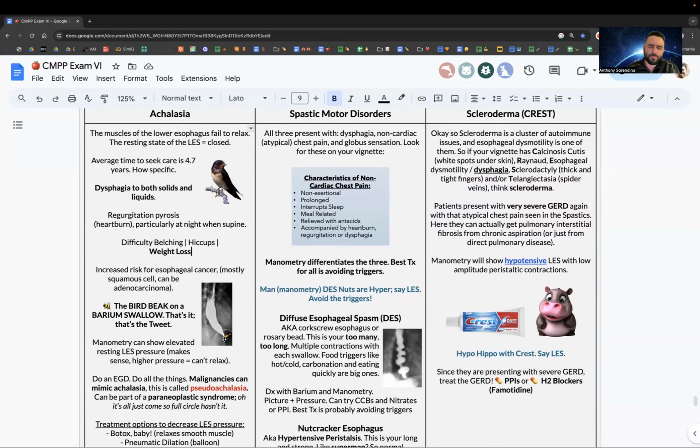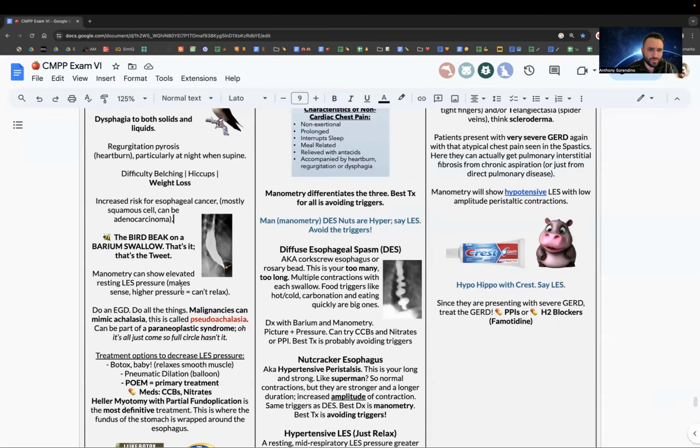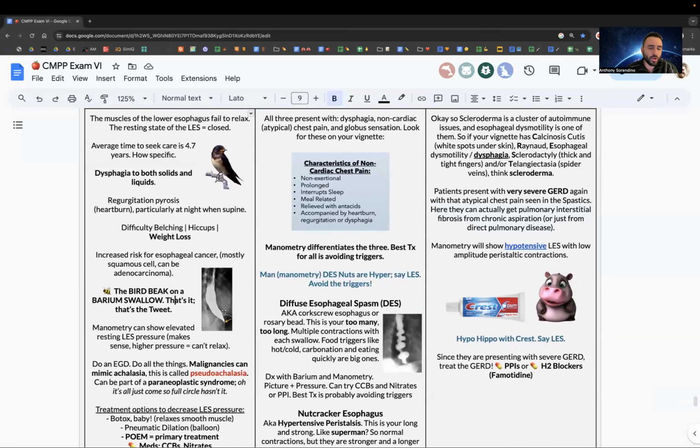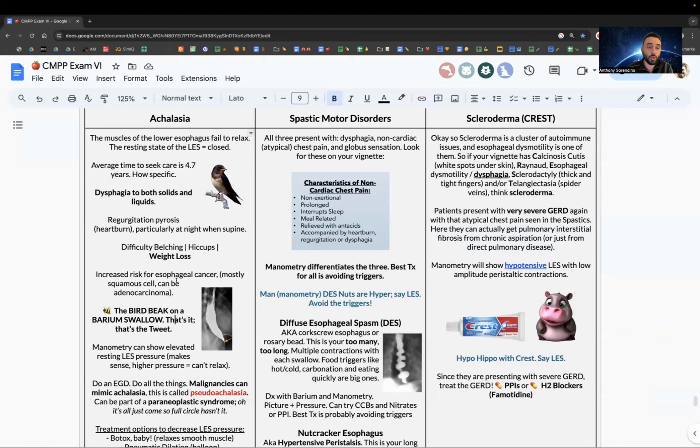And actually, I just thought about what I said: I guess it's not necessarily a GERD issue. It's not relaxing, so it's not letting food down. The food is getting stuck in the esophagus. I'm sure it would cause some GERD too, but that's not really relevant in this part. That's what is causing this bird beak. The LES is stuck closed. It's not relaxing.